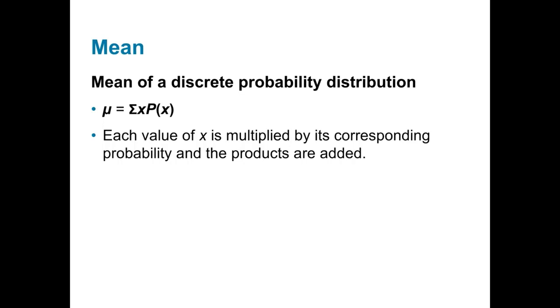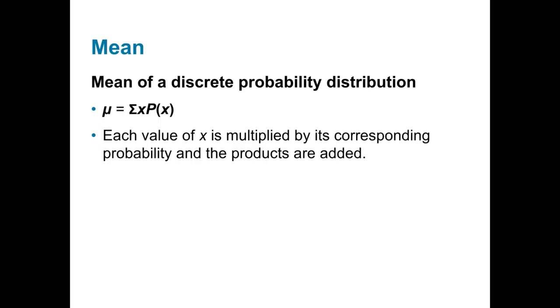So to find the population mean mu of our discrete random variable, it is the sum of x times the probability of x. So following order of operations, what are you going to do here first? Are you going to find the sum of x's first and then multiply the probability? Or are you going to do x times the probability and then add them all up?